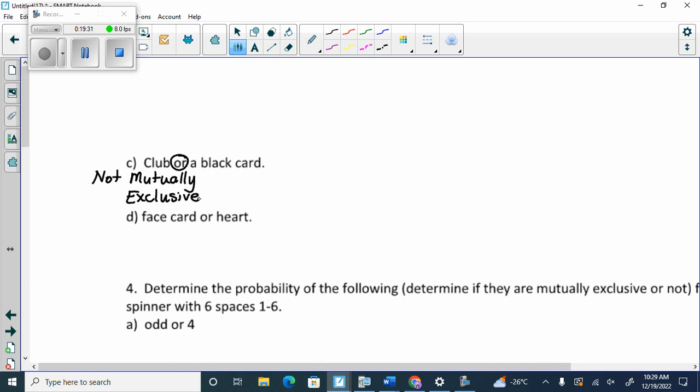Okay, so when it's not mutually exclusive, we can do the probability of a club or a black card. And not mutually exclusive means we use the second formula. So probability of club plus the probability of a black card minus the probability of a club and a black card. So how many clubs are there? 13 out of 52.